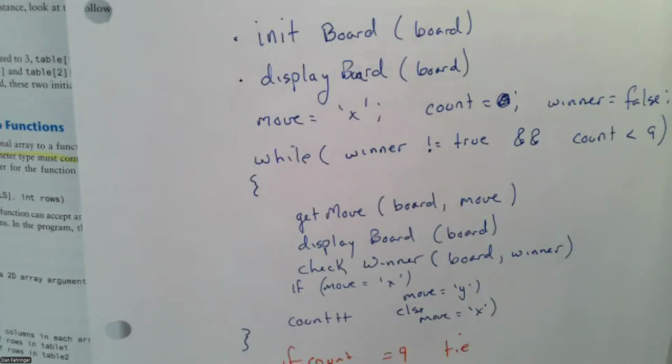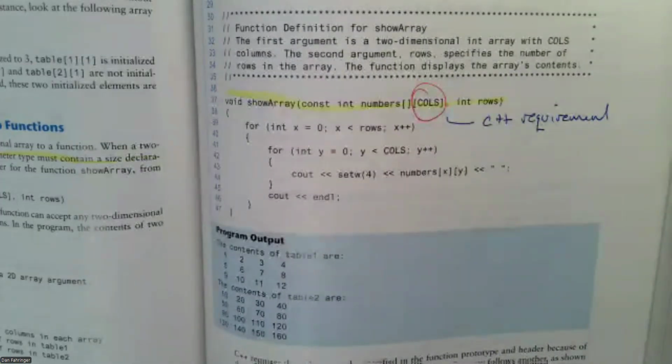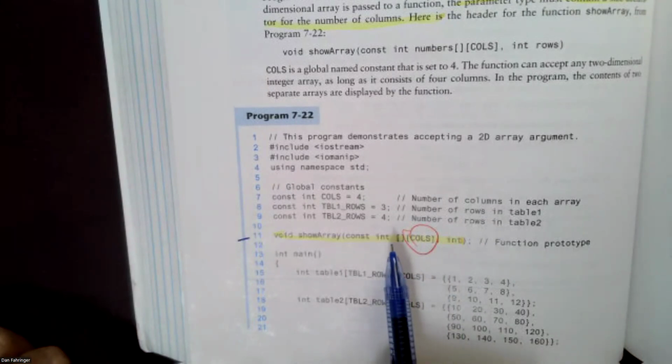Questions on working with two-dimensional arrays. While we're still on the topic of arrays, do you remember what the big 3 were? Right here's the big 3, line 11. How do I write the prototype? This is an integer, two-dimensional array.